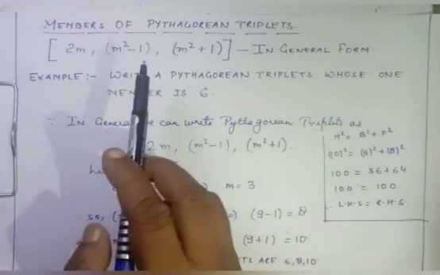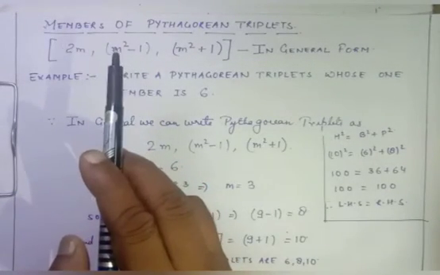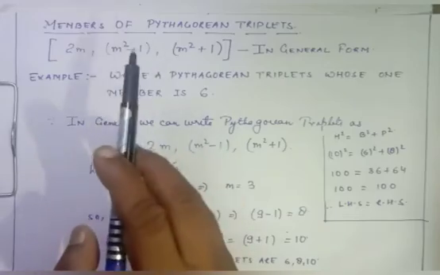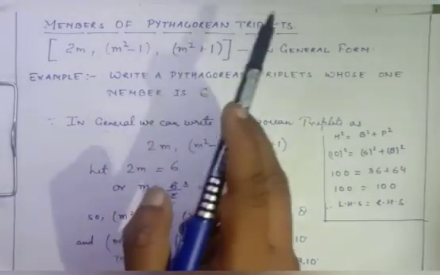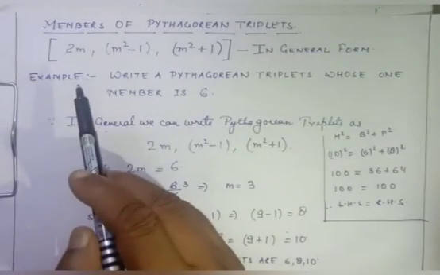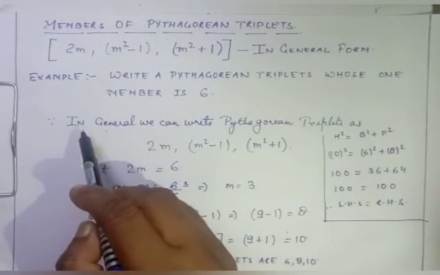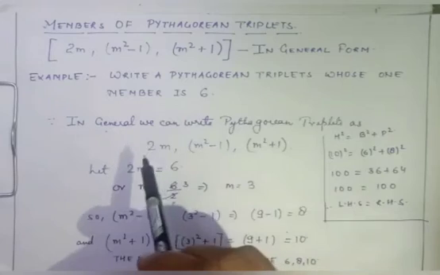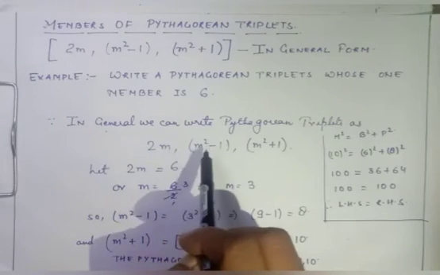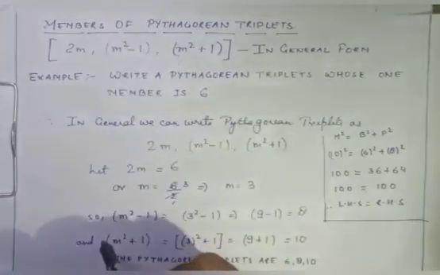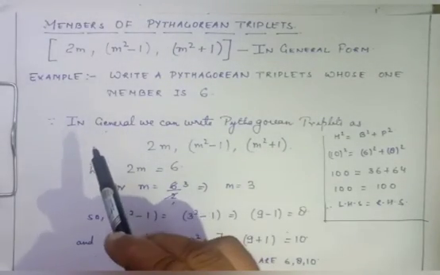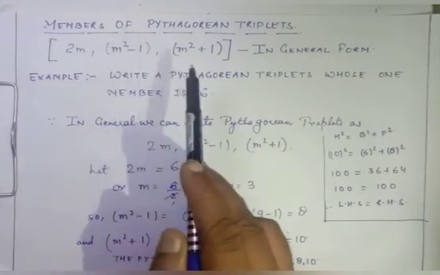Over here, the first member is given to you as 6, and you have to find out the second and the third member of the Pythagorean triplet. As you know, the general form of a Pythagorean triplet can be written as 2m, m square minus 1 and m square plus 1. Over here, we are going to assume 2m is equal to 6.